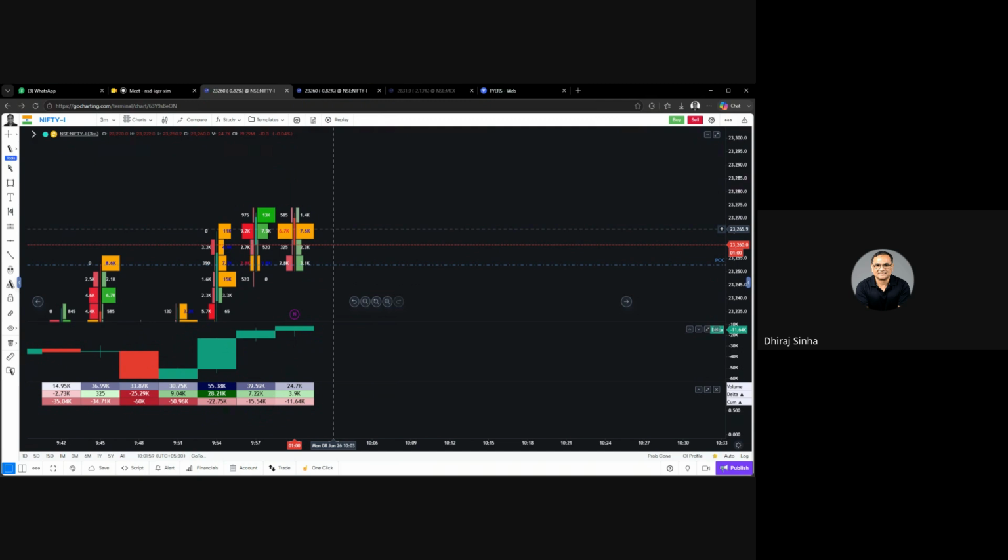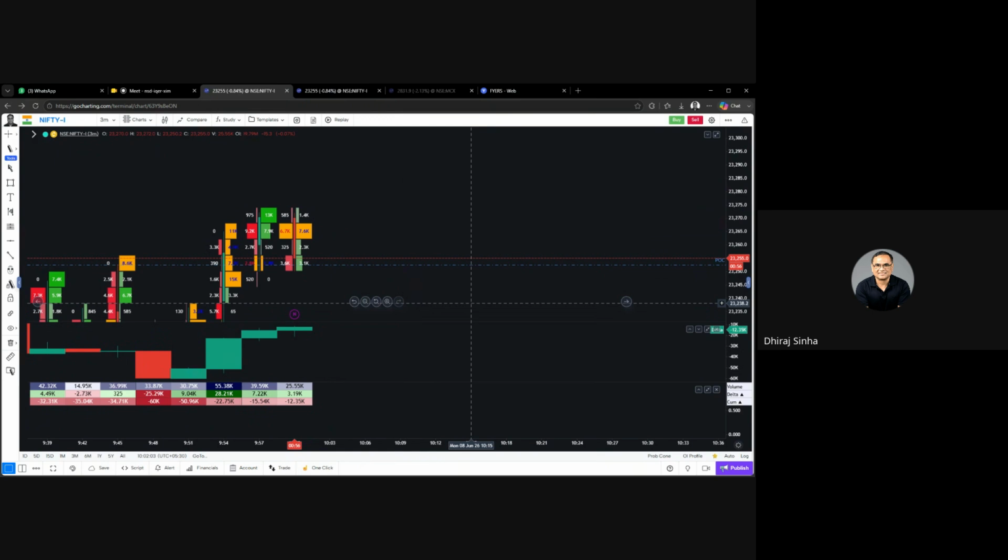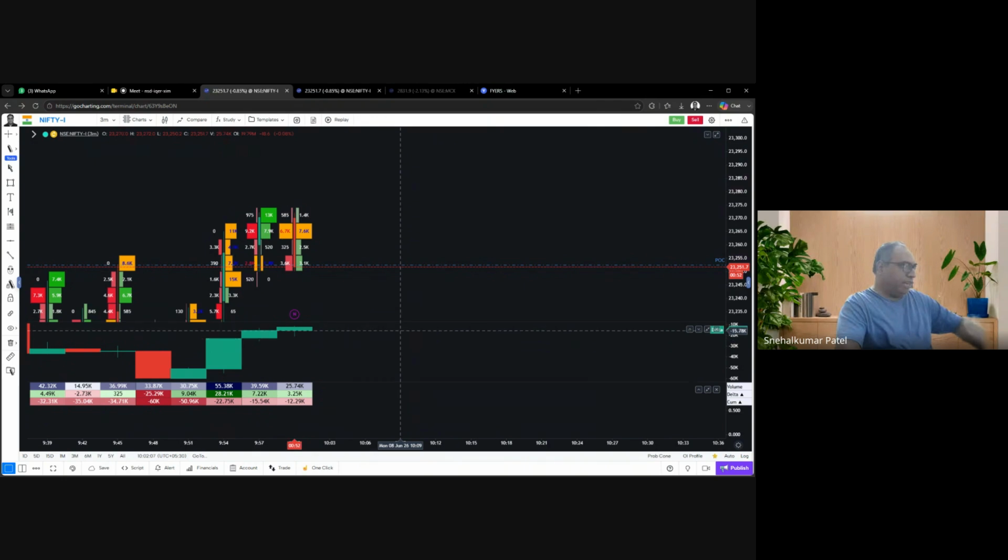For Nifty, is there any value of the delta which is significant, where you say that now the delta is significant and the direction is very clear? When you see a heavy volume, for example, in this candle, we saw a heavy volume of 55,000 quantities, and there was a kind of 28,000, so 50% of the volume was on the buy side.